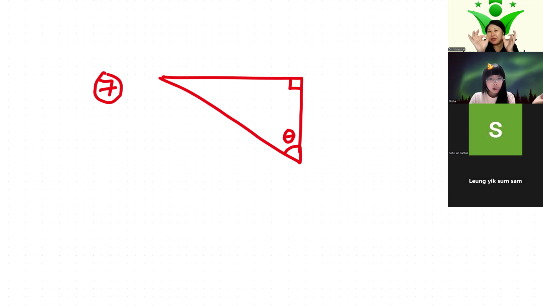The line with the theta and the right angle is the A. Which line has the theta and right angle? Santos? That line should be A.